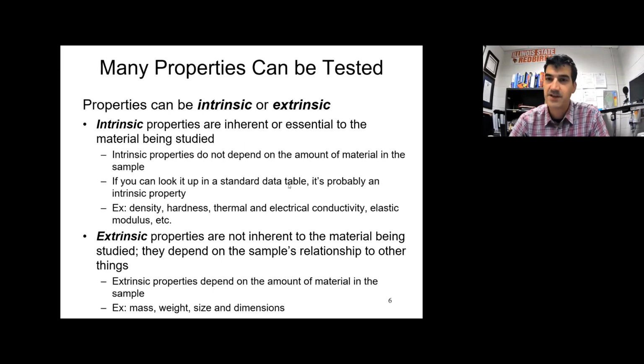We can further categorize the properties as either being intrinsic properties or extrinsic properties. And here I think is the best way to state the difference between an intrinsic and an extrinsic property. If you are talking about an extrinsic property, then it depends on how much of the stuff you have. Some examples that we list on here, like mass and weight, size, dimensions.